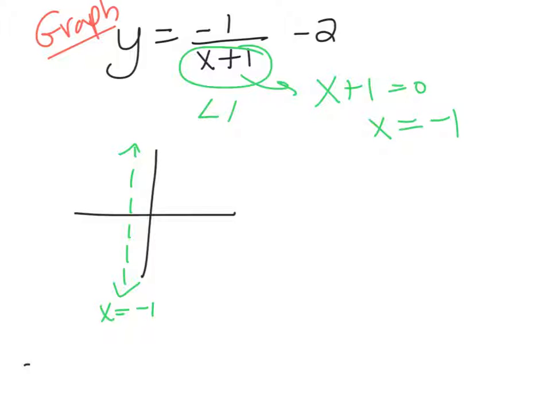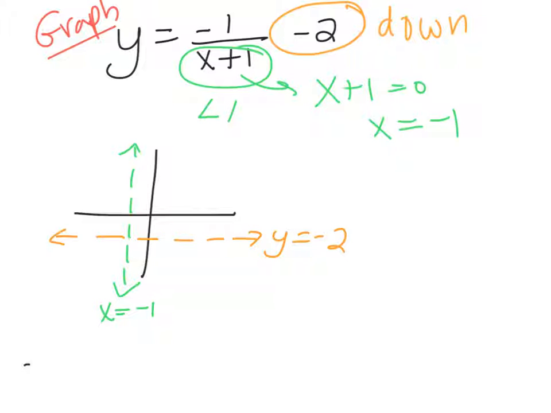So our parent function normally has the asymptote at x equals 0, but we're going to move it left 1 to -1. For our horizontal asymptote, we're going to look at this -2. As a transformation, this is going to bring our graph down 2 units. So our parent graph normally had the horizontal asymptote at y equals 0, but we're going to move it down 2, so now it is at y equals -2.